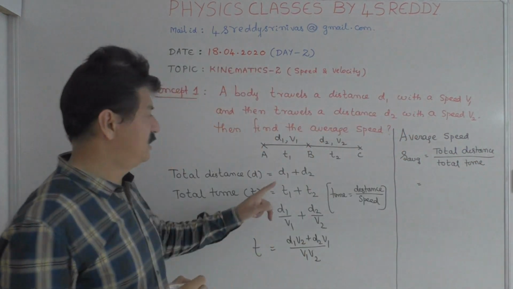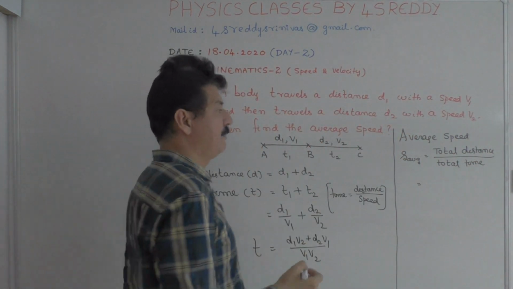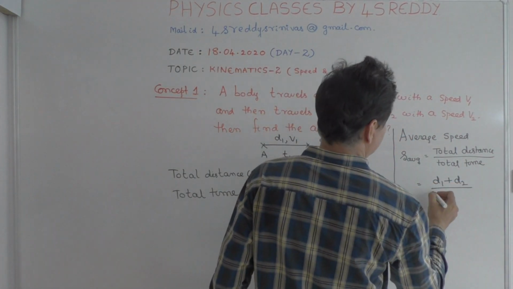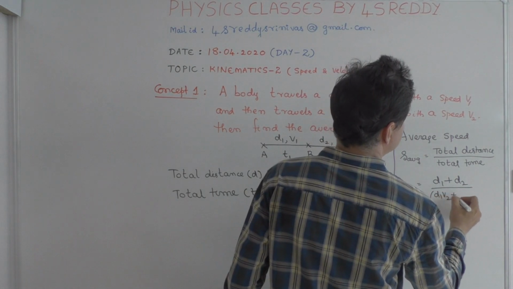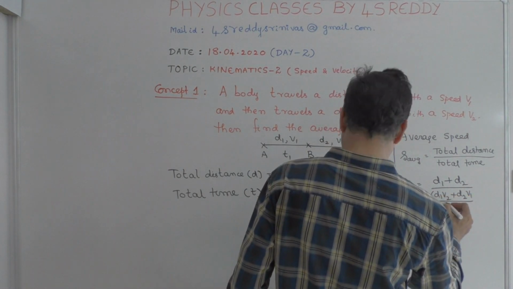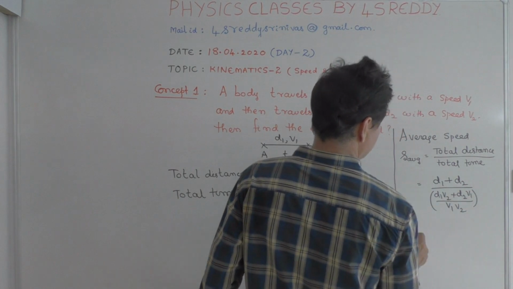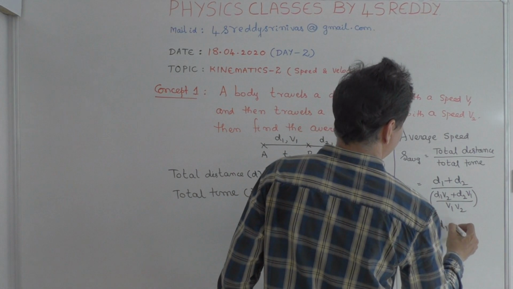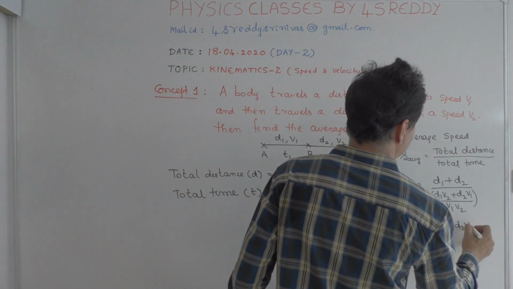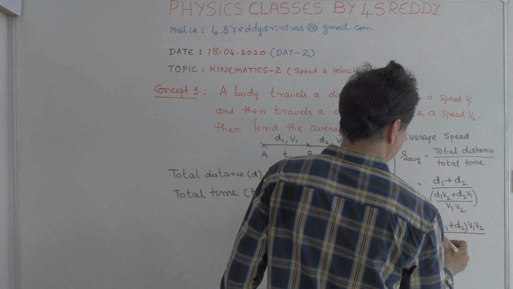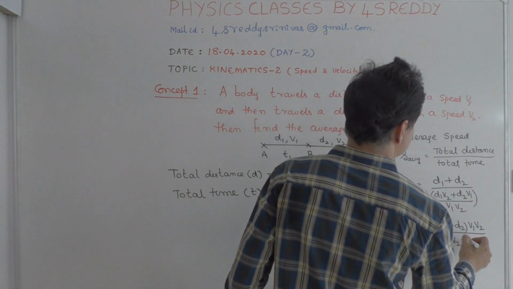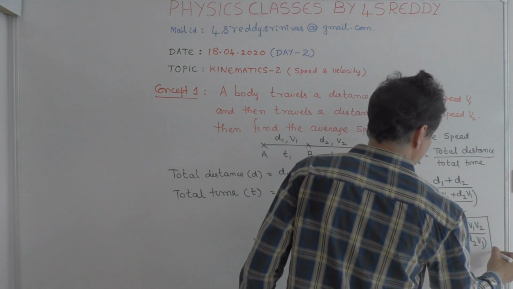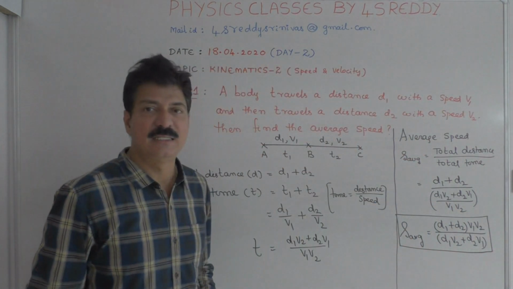The total distance is D1 plus D2, divided by the total time. Therefore, D1 plus D2 divided by (D1 V2 plus D2 V1) by V1 V2. Therefore, average speed is given by (D1 plus D2) into V1 V2 by (D1 V2 plus D2 V1). This is the formula for average speed.